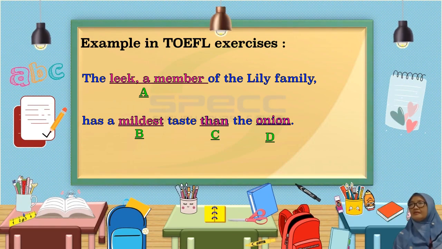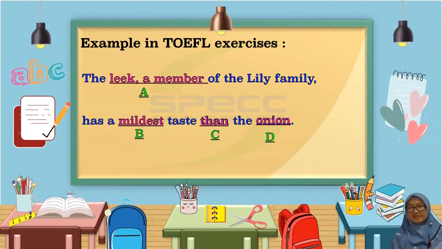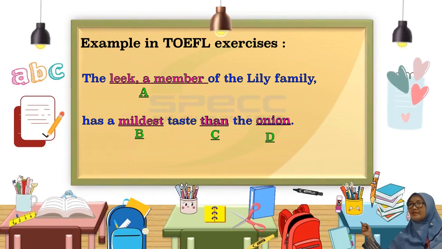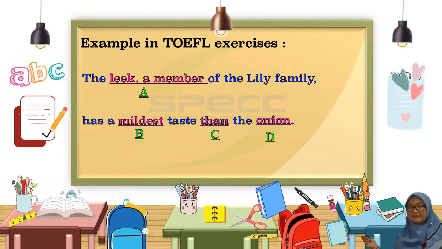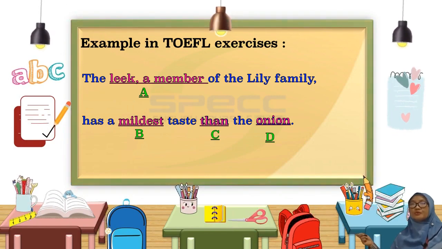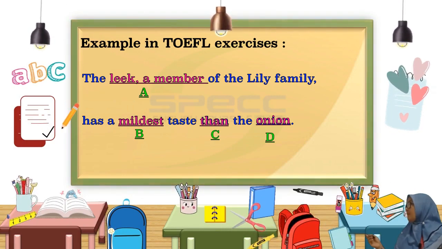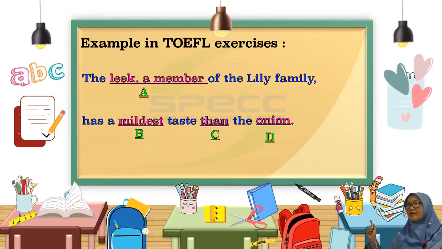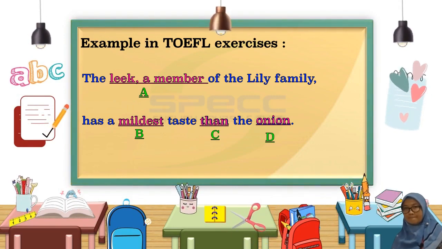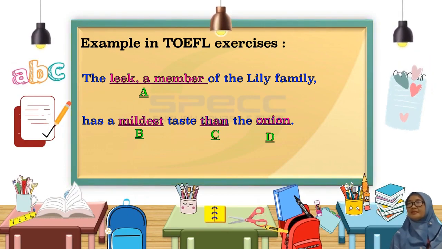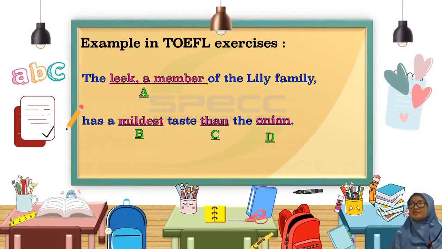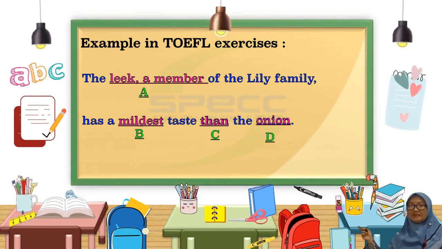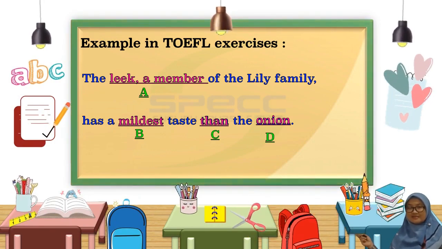taste than the onion? In this sentence we compare the leek with the onion, right? So comparing two things. Remember, when we compare two things, we use the comparative form. The comparative form of the word mild is milder, not mildest.